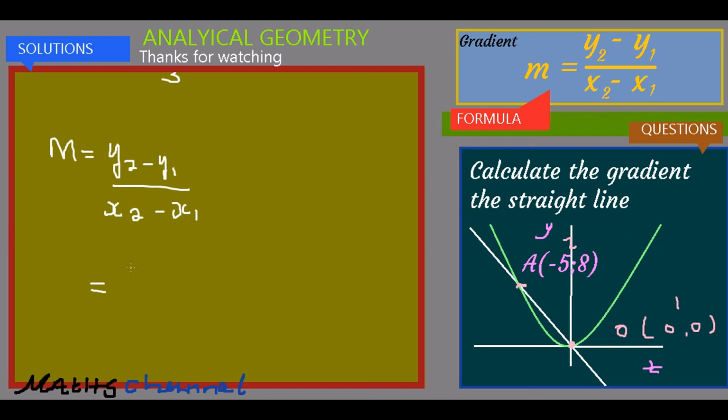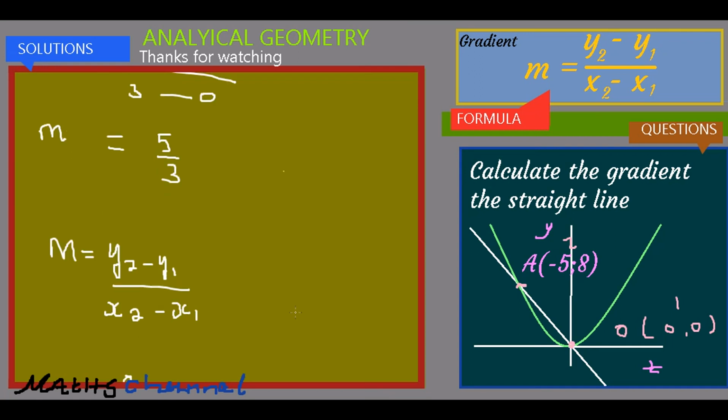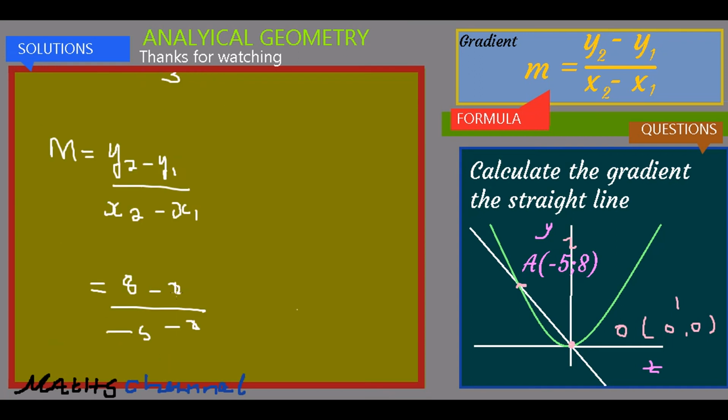So y2 is 8, y1 is 0, x2 is -3, x1 is 0, so this is 8 over -5. It's the gradient.